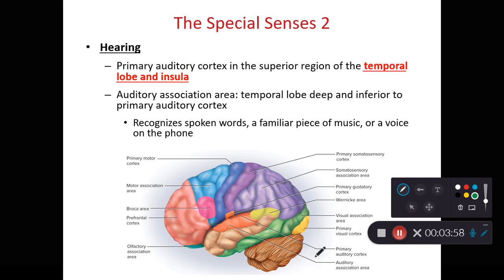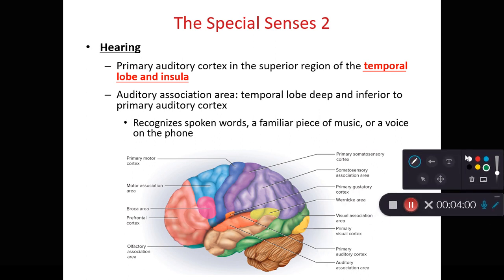As we look at hearing, our primary auditory cortex is going to be within the temporal lobe and the insula. The temporal lobe is right over here, and we have the primary auditory cortex located right there, that small little band that I just covered in green. Let me clear the screen there. So there's a darker pink right there. That's our primary auditory cortex.